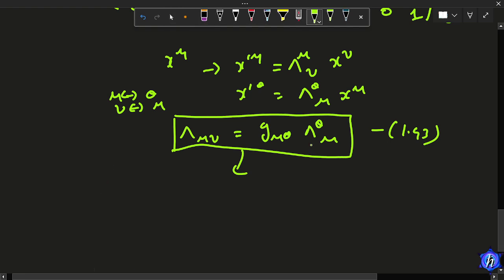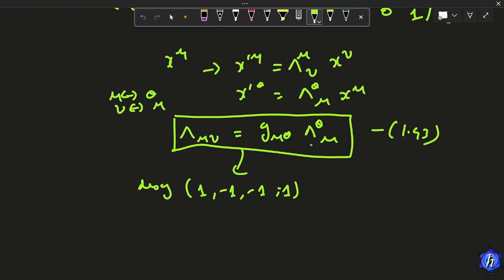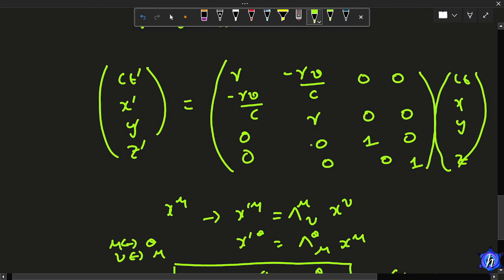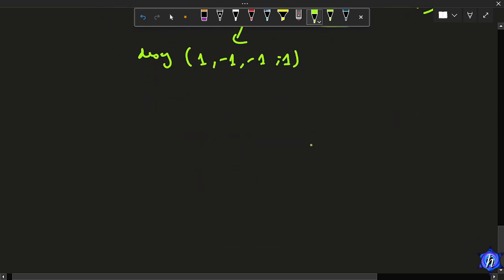You remember this diagonal: 1, minus 1, minus 1, minus 1. G mu nu in that case was the diagonal metric 1, minus 1, minus 1, minus 1, and this is that metric. So we'll just use this metric.